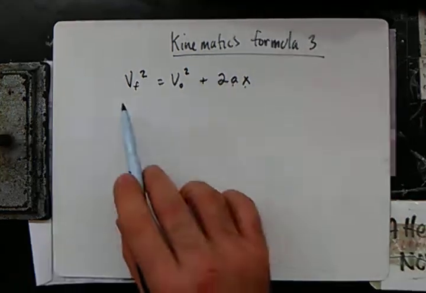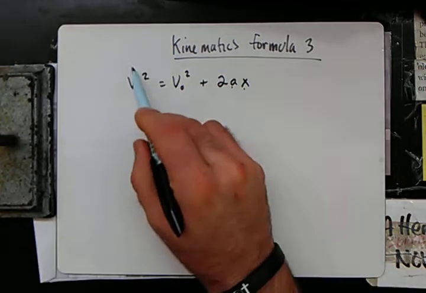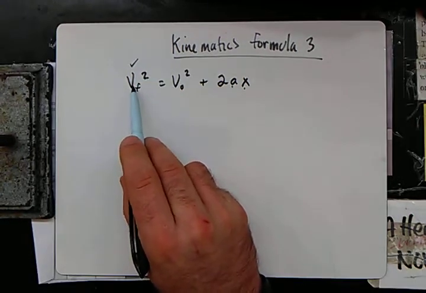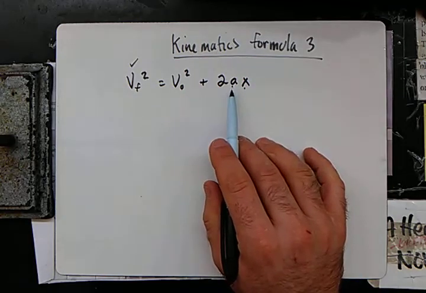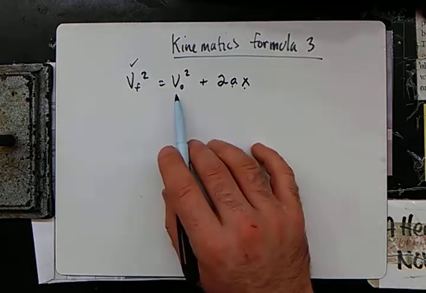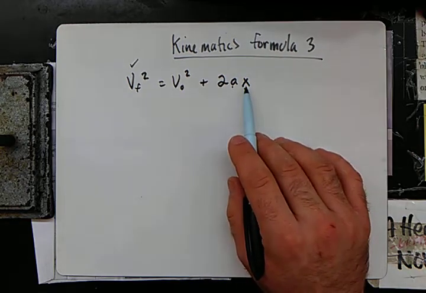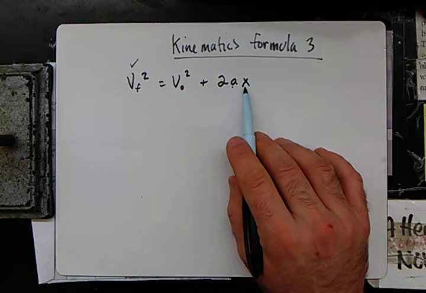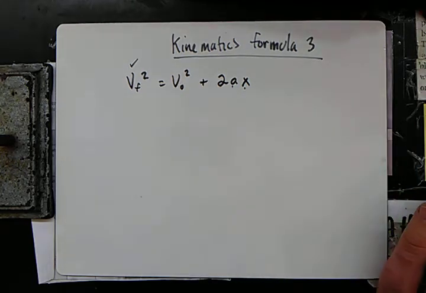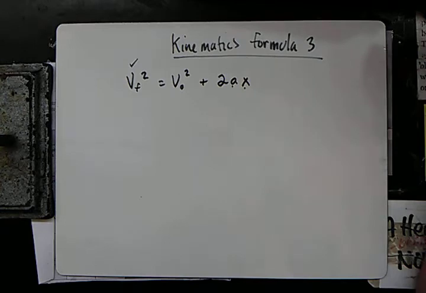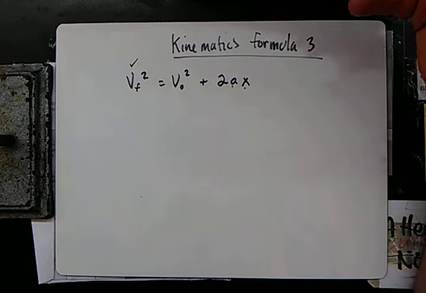All right, so if there's a question that asks for the final velocity of something during a period of time of acceleration, and we're given the initial velocity, the acceleration, and the displacement, we can go and solve for what the final velocity is. So conceptually, I might ask a question like, how fast does a jet travel at the end of its acceleration?